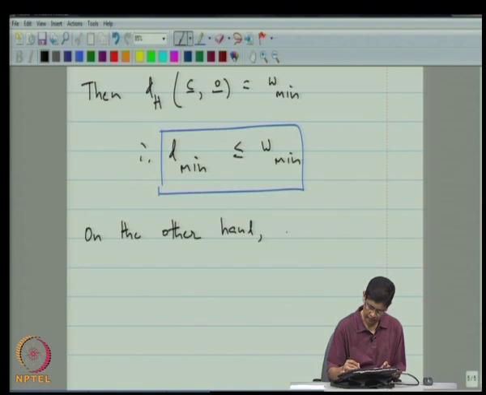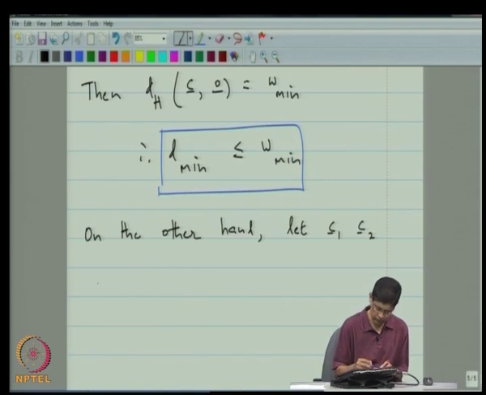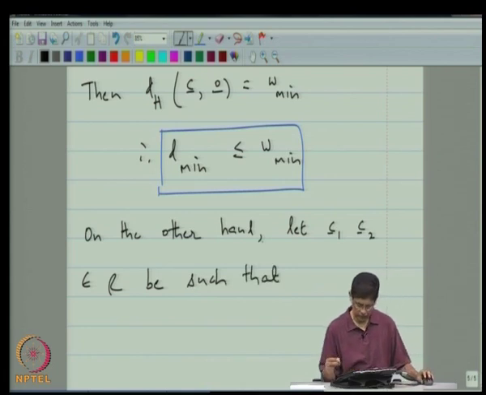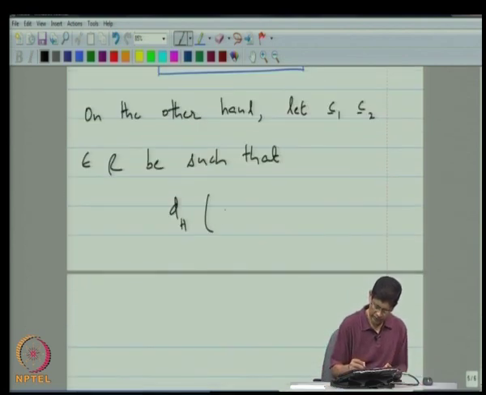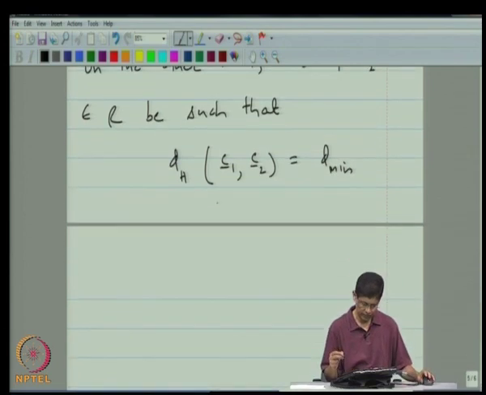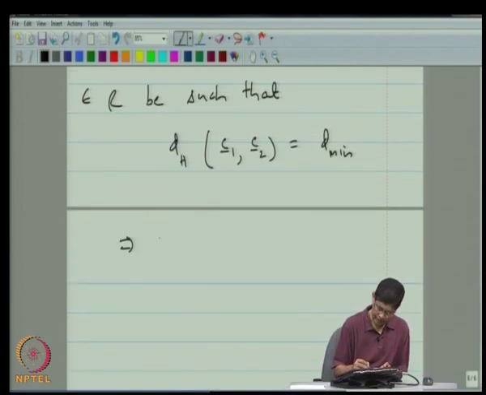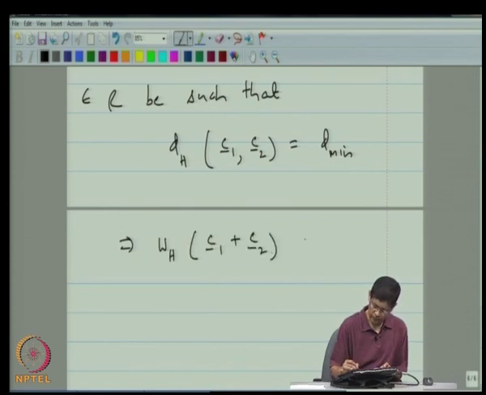On the other hand, let C1 and C2 in C be such that dH of C1, C2 is equal to D min. But this implies that the Hamming weight of C1 plus C2 is equal to D min.